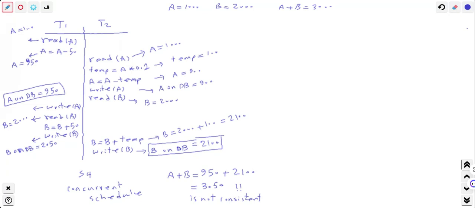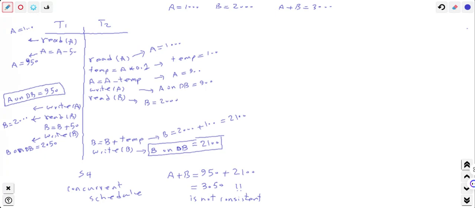One idea is that we execute operations in concurrent schedules in a way similar to serial schedules.